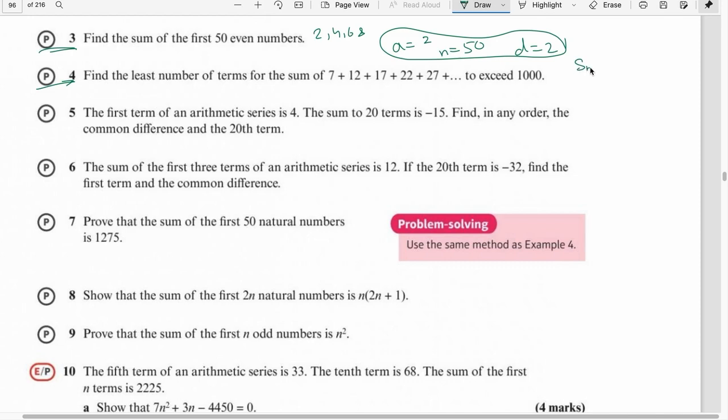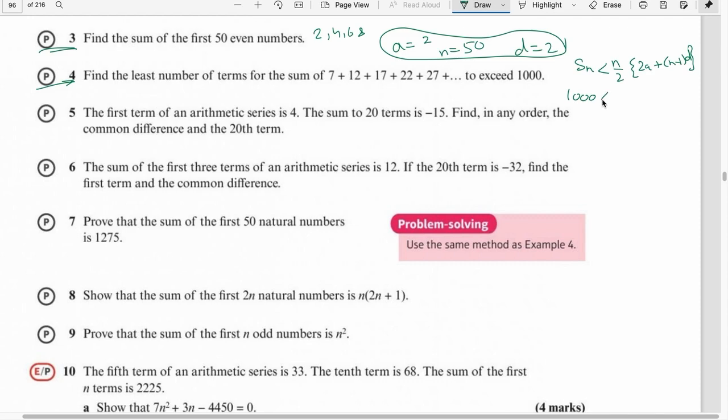So the sum should exceed 1000. This is n by 2 into (2a plus (n minus 1) into d). Now I will be plugging in the values on the right hand side. So it should exceed 1000.